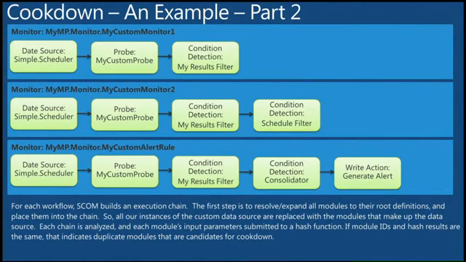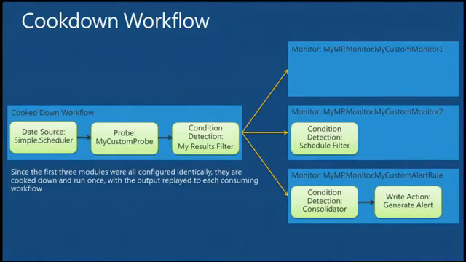But look vertically. That first data source is all the same. They're all using the exact same data source, the exact same custom probe and the exact same condition detection. SCOM is smart enough to go, oh, they're using the exact same modules. So when those things run, I'm just going to run it once instead of 3 times and pass that information into the rest of these rules.